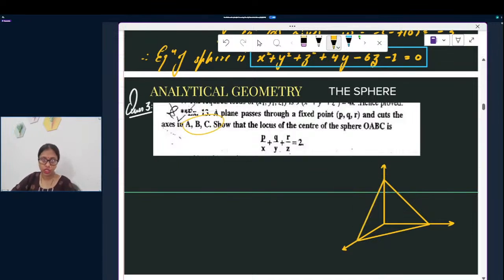Nothing else. This ABC is changing, right? The plane is only passing through a fixed point P, which is PQR.